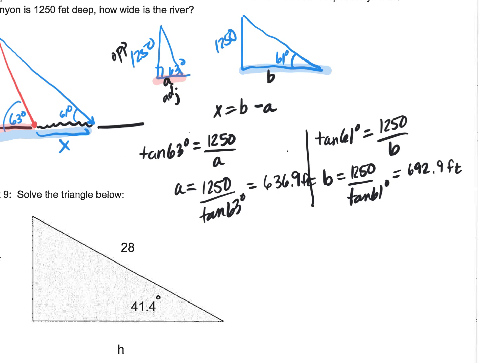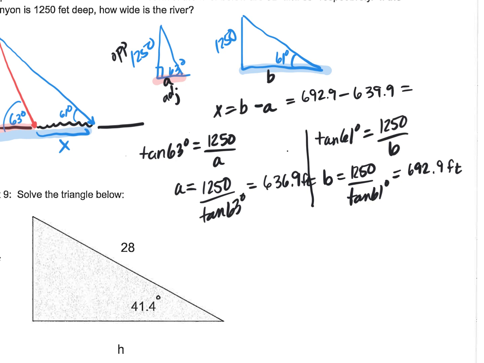Okay. And now we're going to take and plug in. 692.9 minus 639.9 is what? It's what? 50. Okay. Make sure that's right. Let's see.